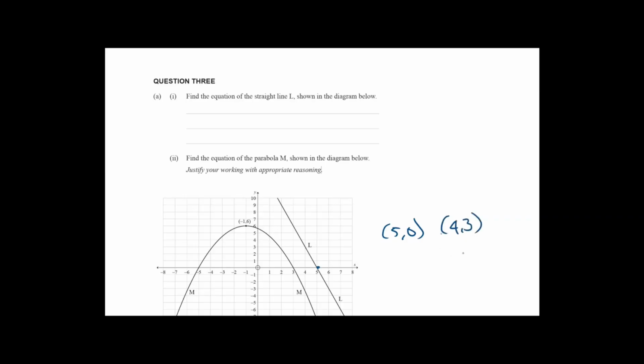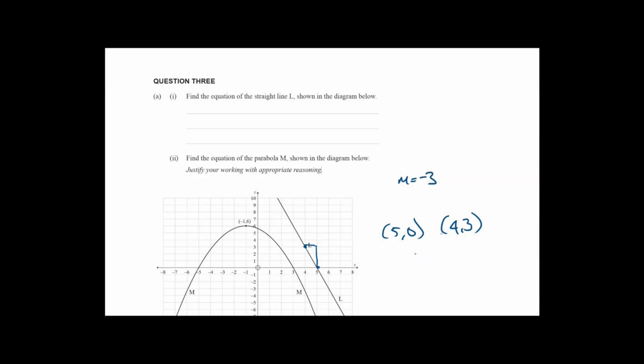Any 2 points will do. Straight away, just looking at it, we can see that it's going to be a negative slope. And in fact, we can just read the slope off because it's 1 across and 3 down. So m is going to be -3, isn't it?